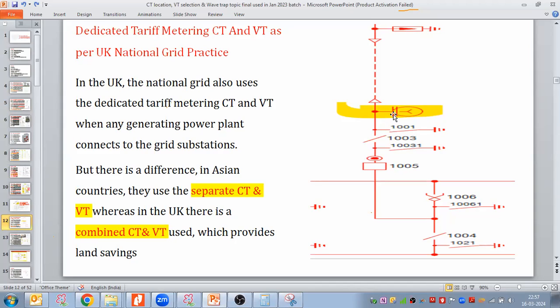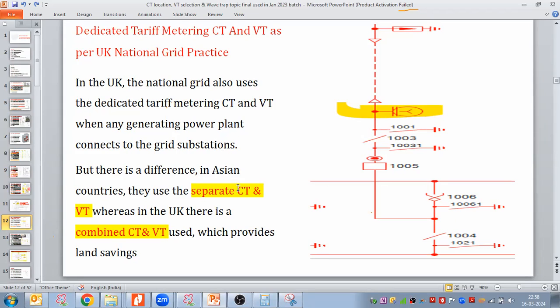Could you see this symbol? The yellow marked here. In the same equipment, the CT and VT are both combinedly placed. This is called the combined instrument transformer, combined CT-VT. In the UK, the National Grid also uses dedicated tariff metering CT and VT when any generating power plant connects to the grid substation.